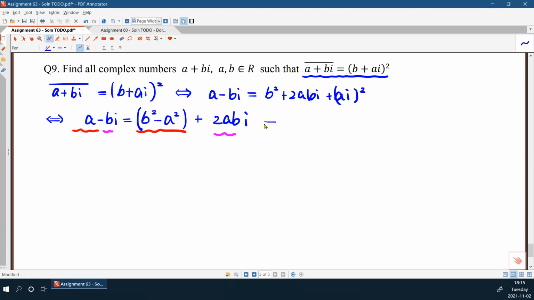So this is equivalent to, first of all, the real part of the left number is a, which equals the real part of the right, which is b squared minus a squared, right? And the imaginary part of the left is minus b, which should equal the imaginary part on the right, which is 2ab, right? You follow me?